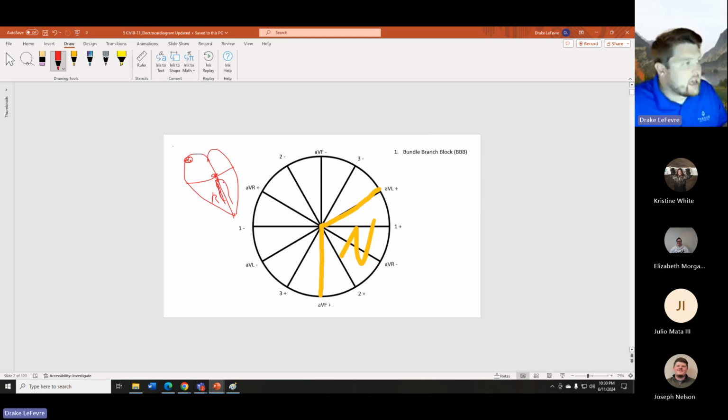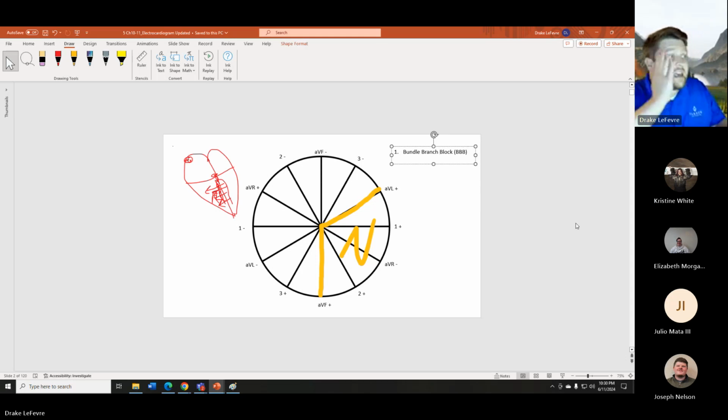So now the left has to send a bunch of signal all the way this way. Because it has to send signal now sideways, that changes the direction of the electricity.